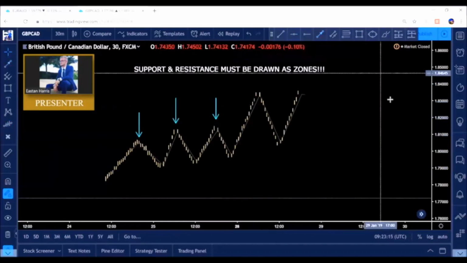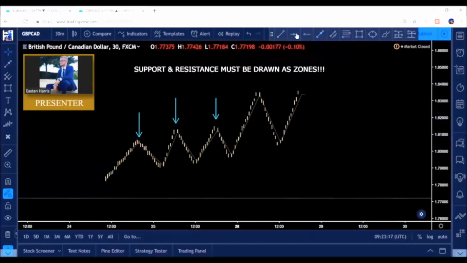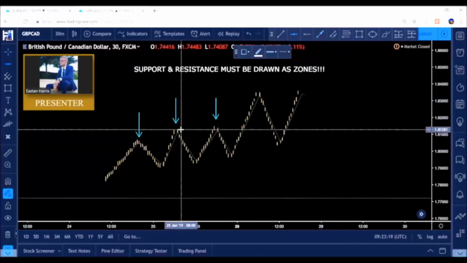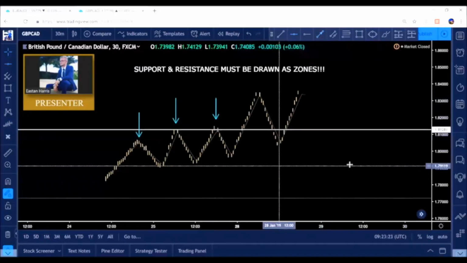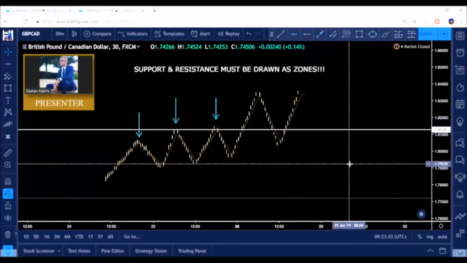Now, if we take the line tool and use this middle peak here, because it's right there in between both of them, so that should work. If we just use this to label where our support and resistance area is at, this will fail.